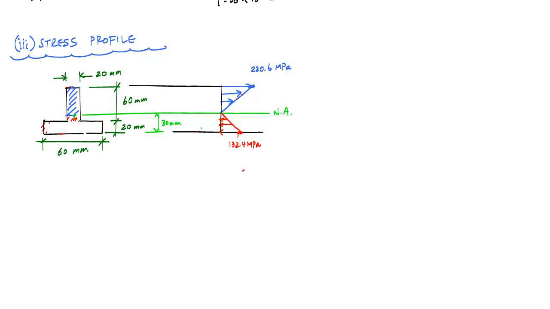So here's my stress profile that we finished up already, and now what's left for me to do is calculate the compression force resultant in the flange, and it's going to be a compression force because I have compressive stress. Because this stress is applied over the entire area, it's like calculating the volume of the stress block over the flange region right here, which I will highlight in orange.